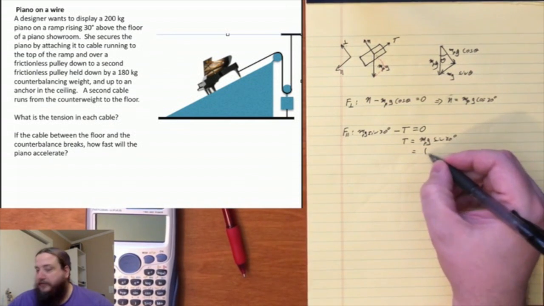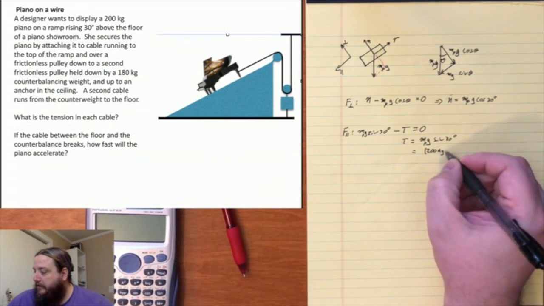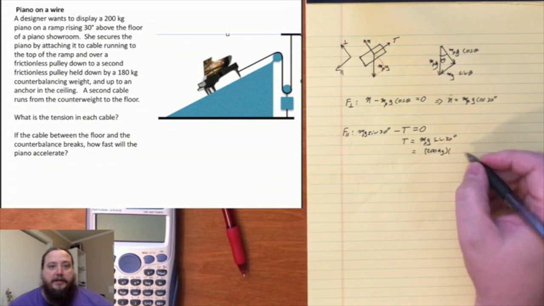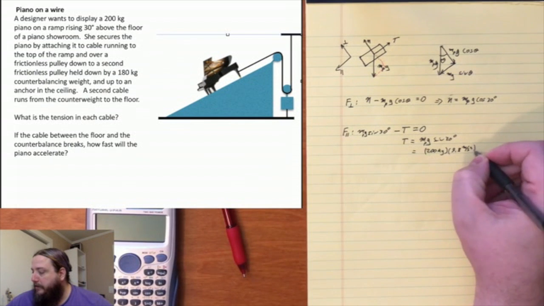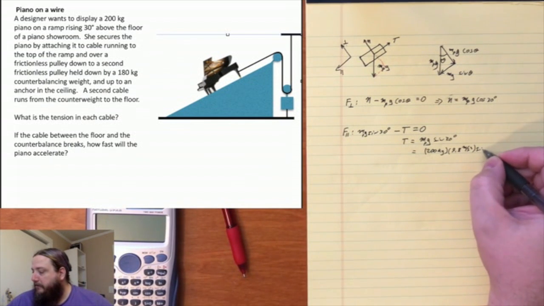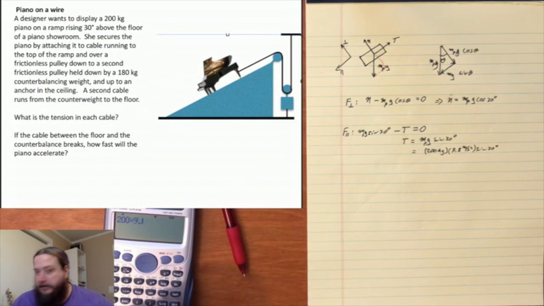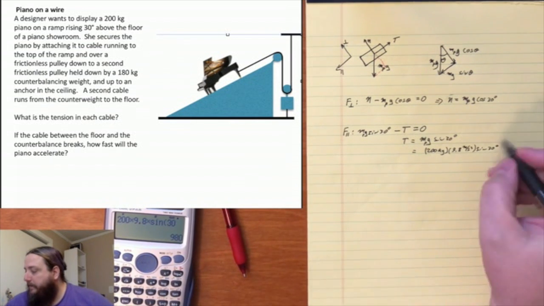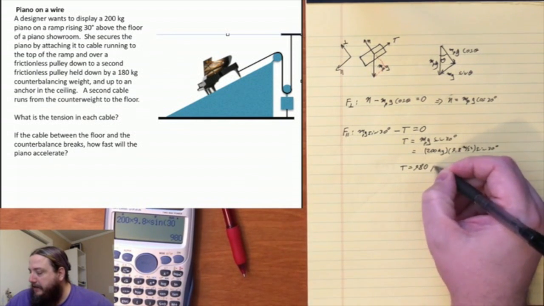Plugging in our mass, a 200 kilogram piano, and gravity, 9.8 meters per second squared, times the sine of 30 degrees, 200 kilograms times 9.8 meters per second squared times the sine of 30 degrees is 980 newtons.